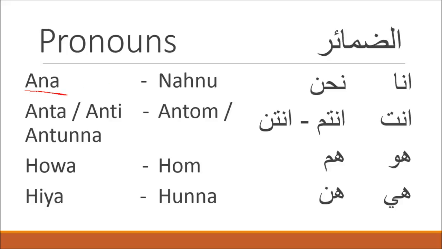So I, أنا, you male, أنت, you female, أنتِ, هو, him, هي, she, نحن, we, again, أنتم is you all for male and female, and أنتن is you for female only.